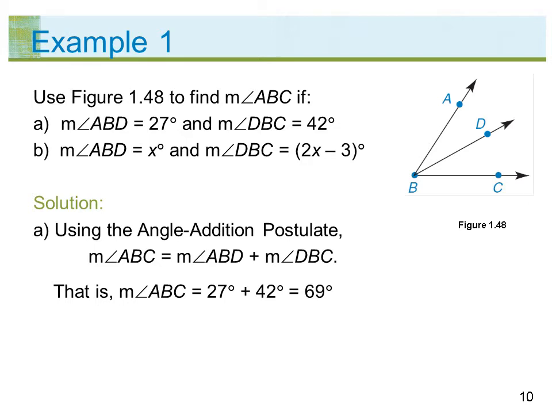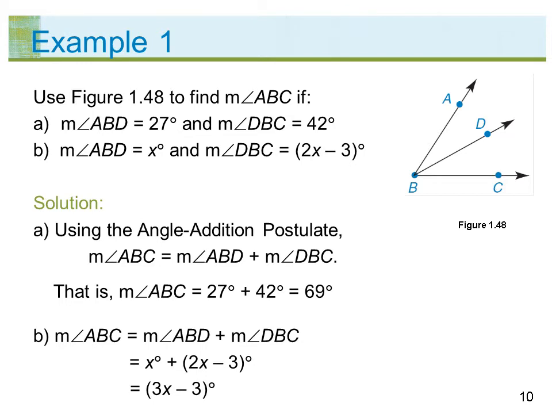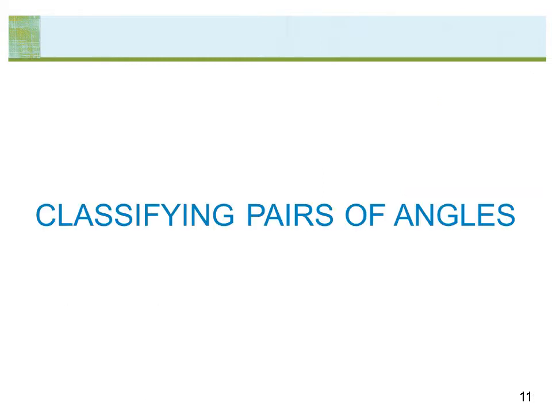That is, the measure of angle ABC equals 27 degrees plus 42 degrees, which equals 69 degrees. B. The measure of angle ABC equals the measure of angle ABD plus the measure of angle DBC. This equals x degrees plus the quantity 2x minus 3 degrees, which equals the quantity 3x minus 3 degrees.